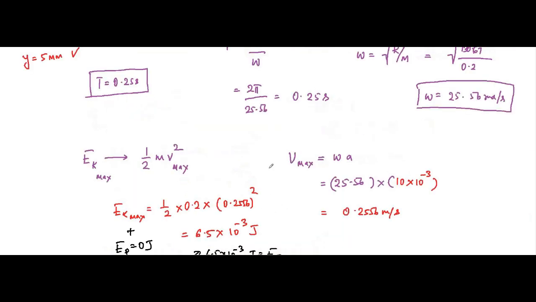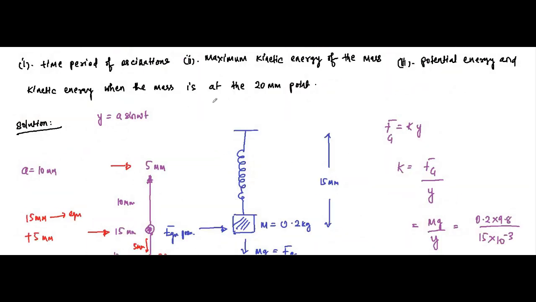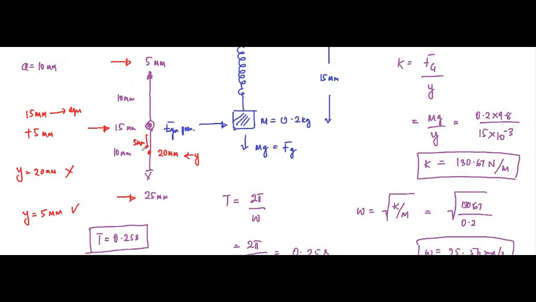And another important point: when it is given that the mass is at the 20 millimeter point, it is 5 millimeter below the equilibrium position, which is 15 millimeter. So when you are putting the value of y, you should always put 5 millimeter, not 20 millimeter, because the equilibrium position is 15 millimeter, not 0 millimeter.